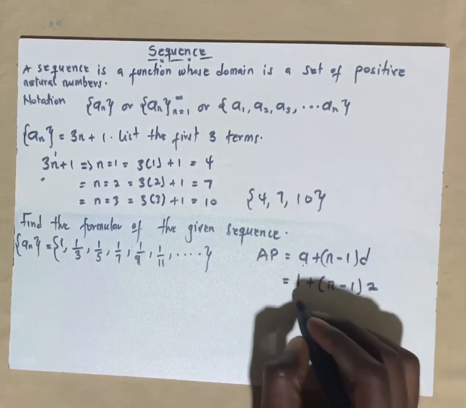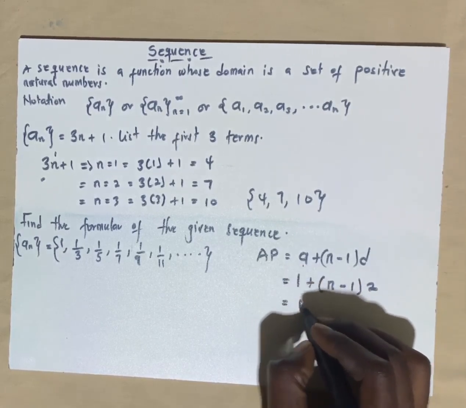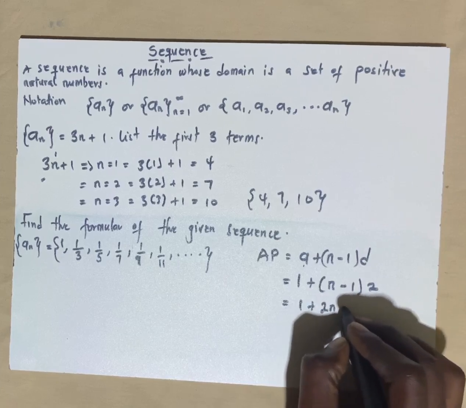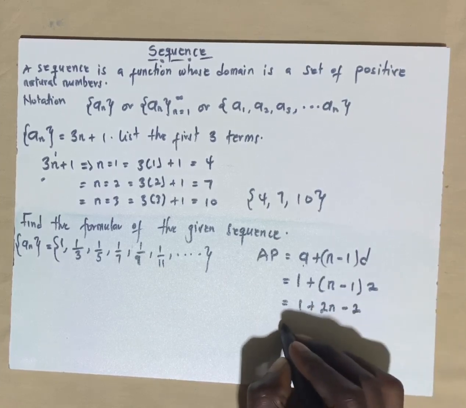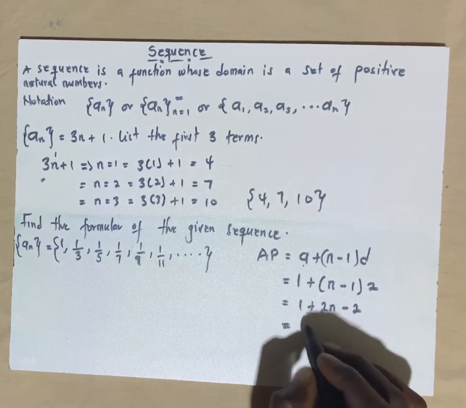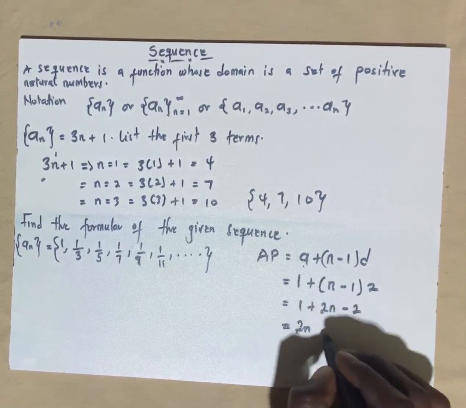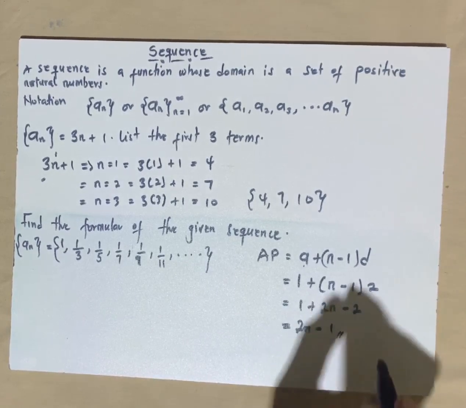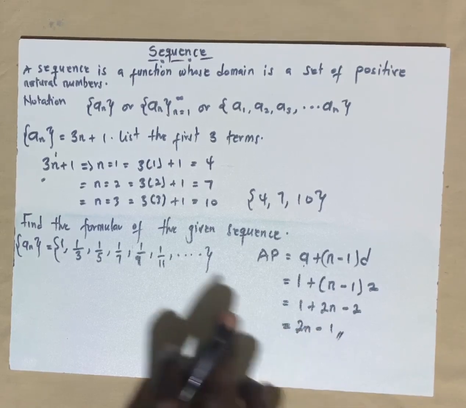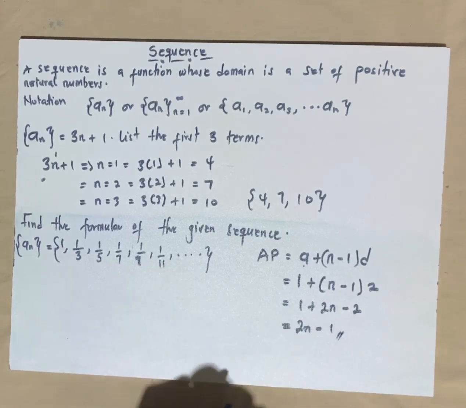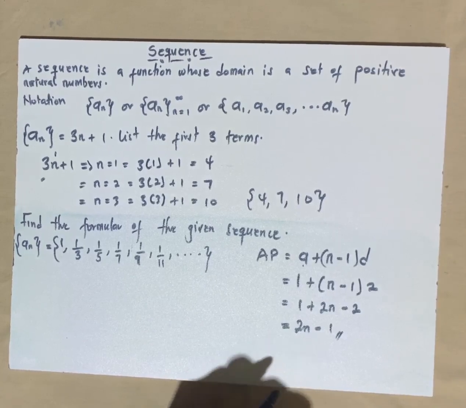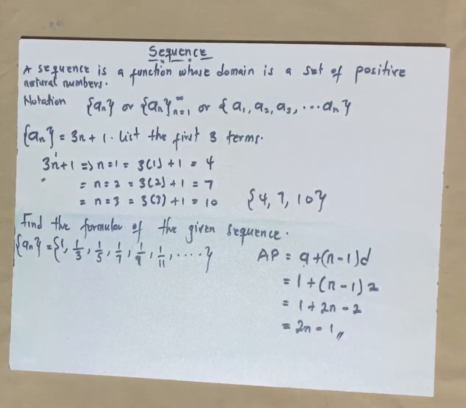Very good. So at the end of the day, we are going to get 1 plus 2n minus 2. When you do this calculation, you realize that you are going to get 2n, and 1 minus 2 is minus 1. So this is going to be the formula of the denominator, and you can prove that.